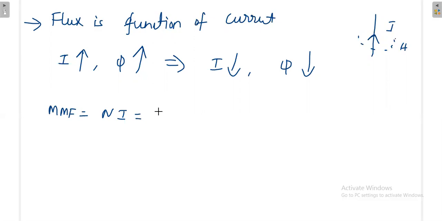The flux produced depends on two things, if you observe the formula of MMF carefully.